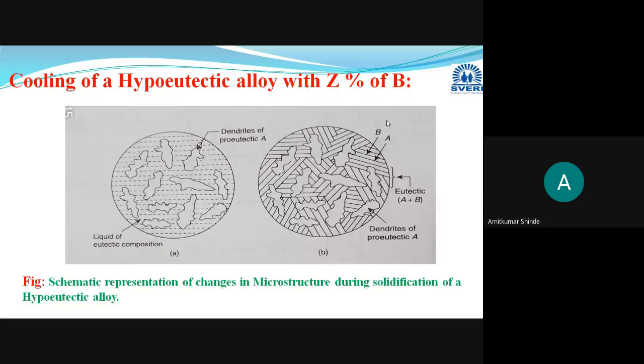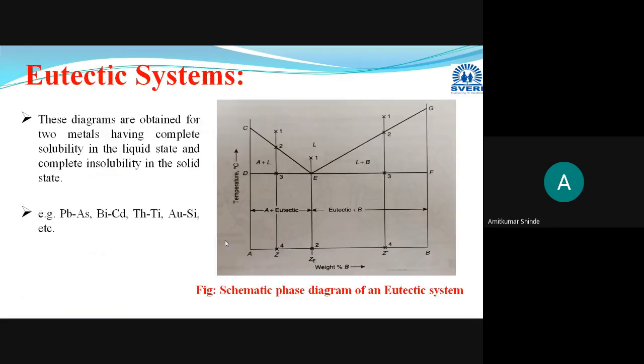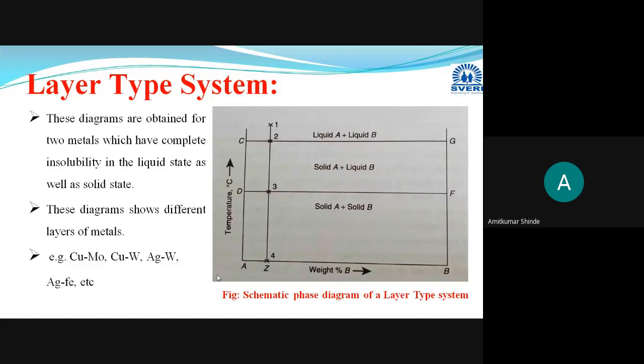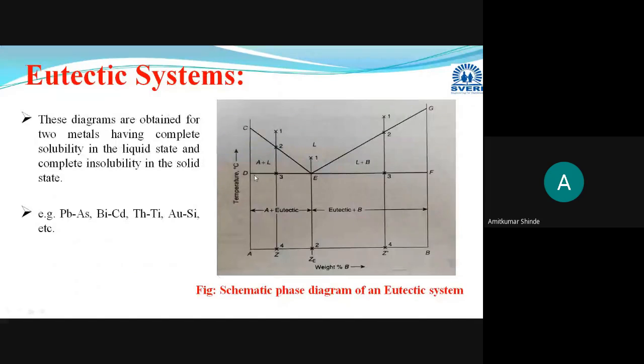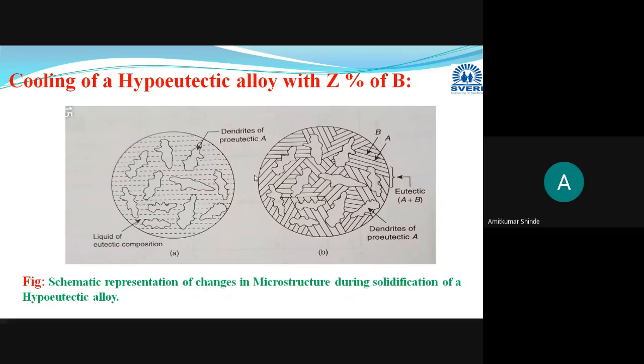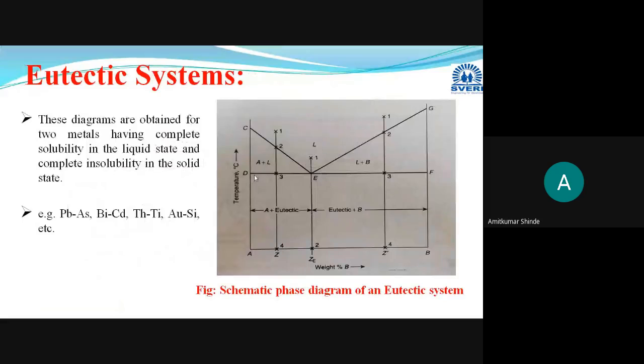Okay, this is the slide for the hypoeutectic alloys. Please first draw this diagram so that when I am explaining the microstructural changes, you should be able to see the actual diagram and the microstructural changes also.